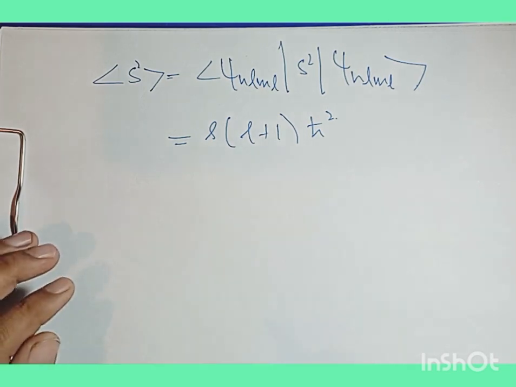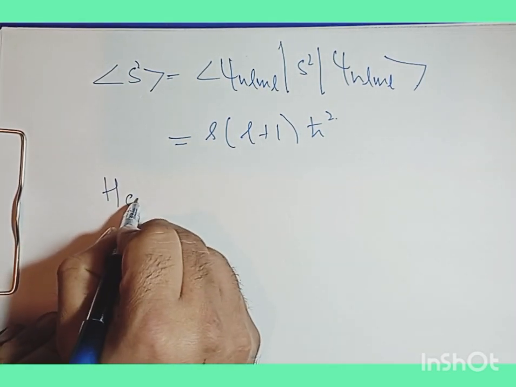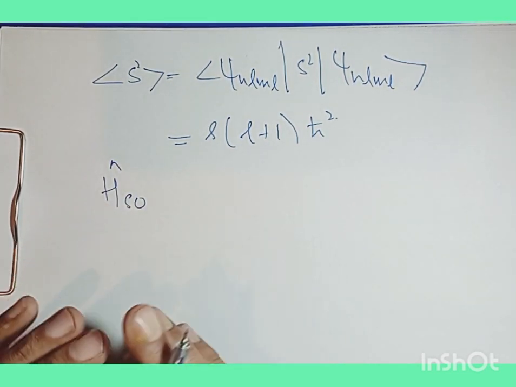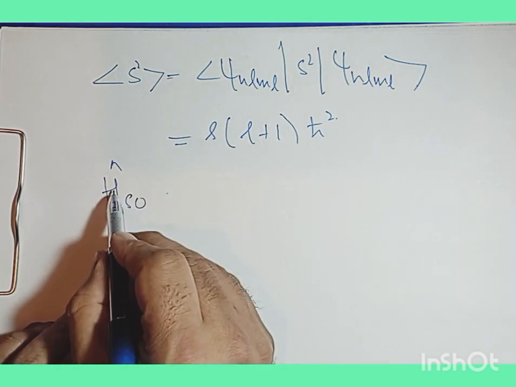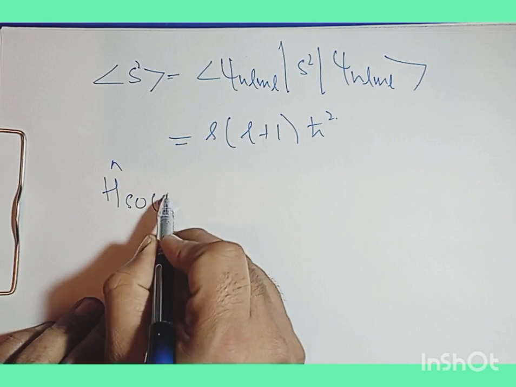So now we can use these results in the correction of spin-orbit interaction. Here we have only taken into account the dot product of L and S, so this HSO I should call HSO1.